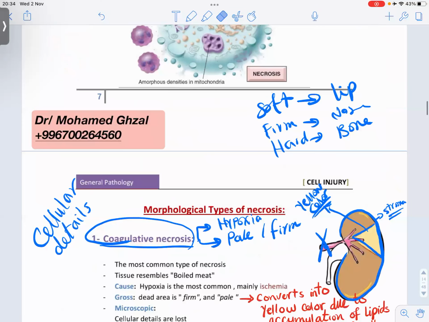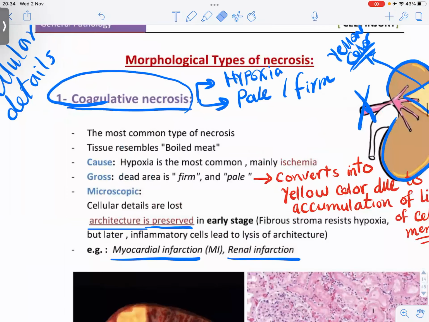Coagulative necrosis, please repeat with me. Coagulative necrosis, the cause is ischemia, which leads to hypoxia. The shape, pale, but in early stage. After some time, it will convert to yellow. Why? Due to destruction of lipids inside the cell membrane.